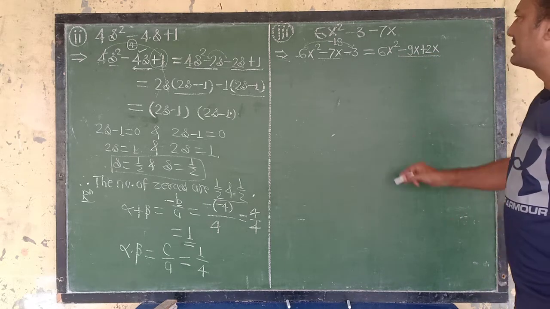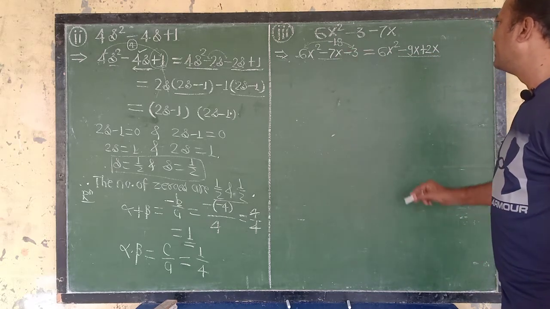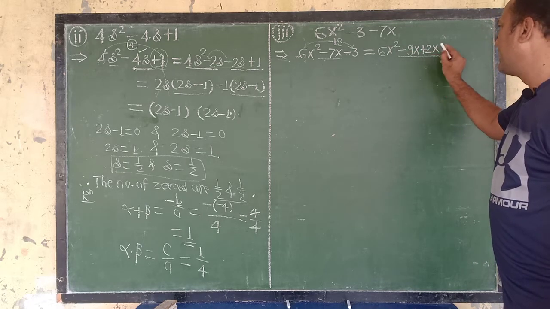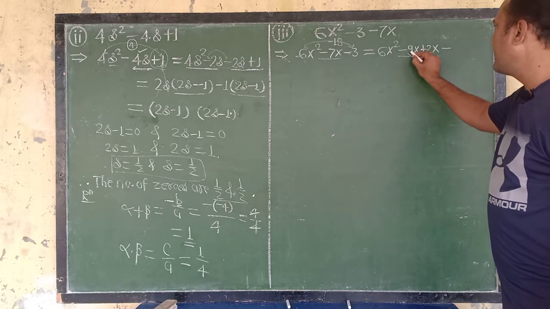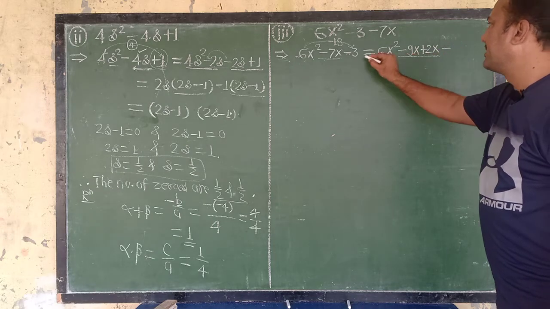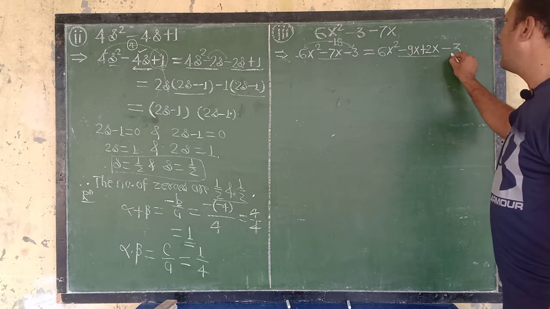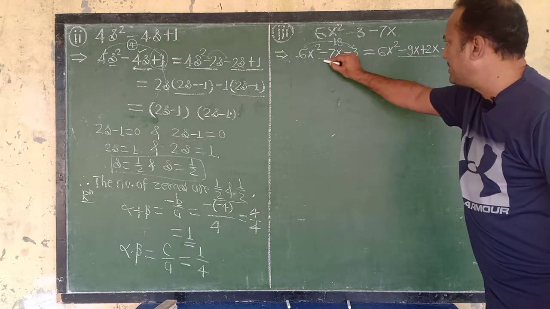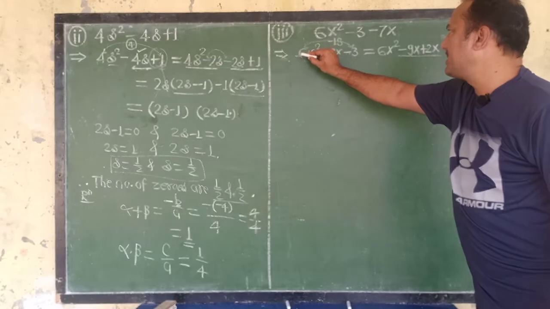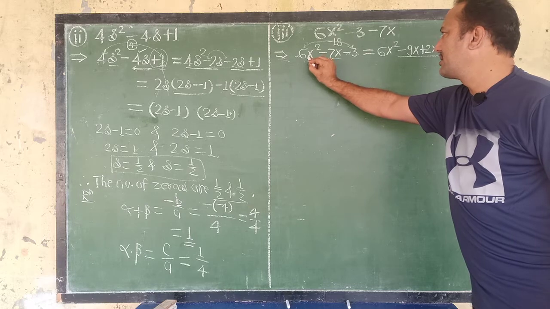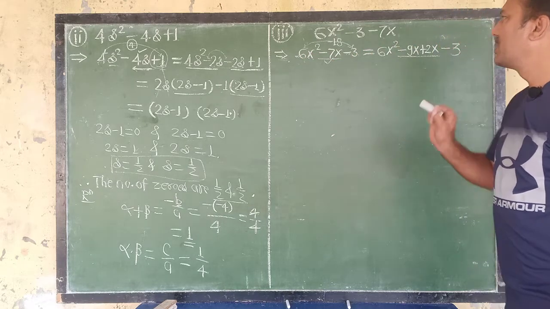If we simplify, we get minus 7x. And if we multiply, negative multiplied by positive is negative, and 9 2s are 18. Then write this minus 3 as it is. It means the addition or subtraction should give the middle term and the multiplication should give the product of the coefficient of x square and the constant term.